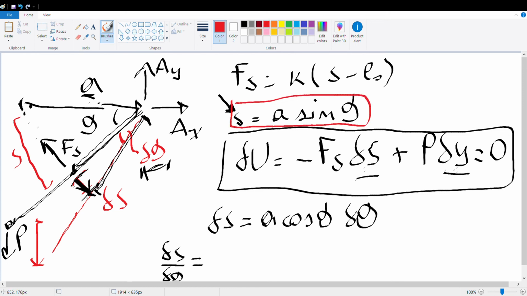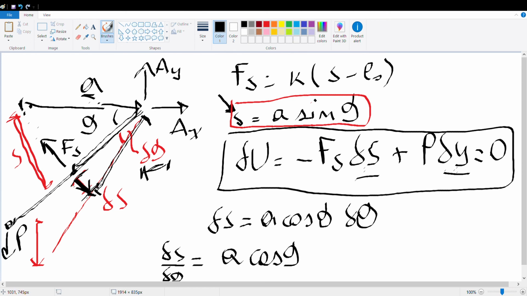S, this section here, is equal to a sine of theta. So I wrote s as a function of theta, and now I derive this function with respect to theta. So I get a, because a is a constant, the derivative of sine is cosine, so a cosine of theta.